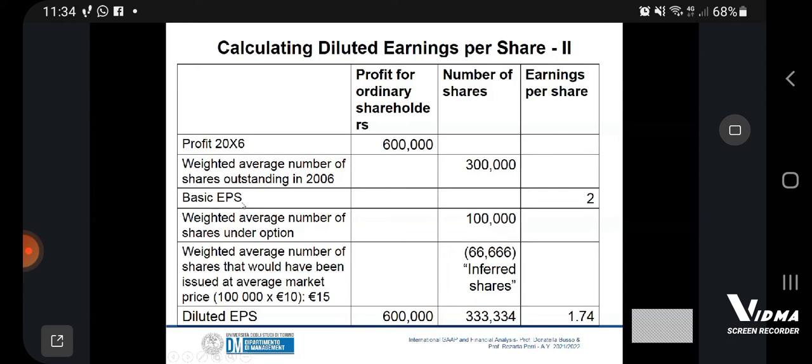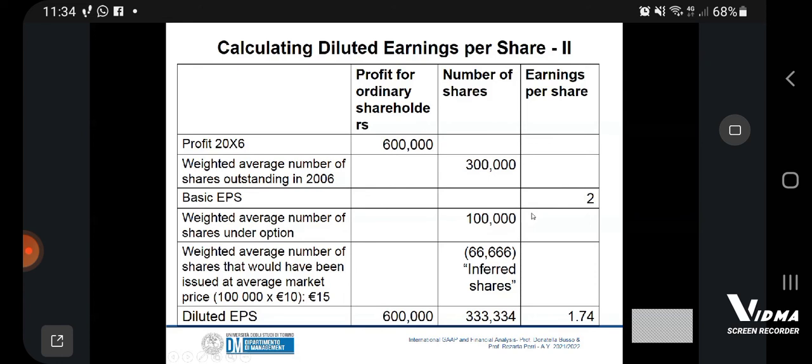Now we take into account the dilutive effects that affect both earnings and number of shares. First, what is the effect on the number of shares? Now we add 100,000 new shares more.